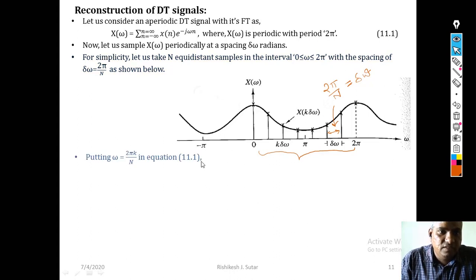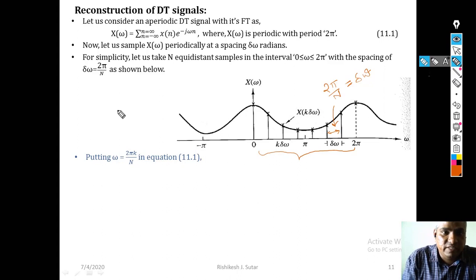So let us go further. Let us put omega equal to 2 pi k upon N. Okay, so why is this 2 pi k upon N? Because it is x of omega, and it is x of k into delta omega. So this k into delta omega, how can I write it? Or you can write here x of delta omega into k.